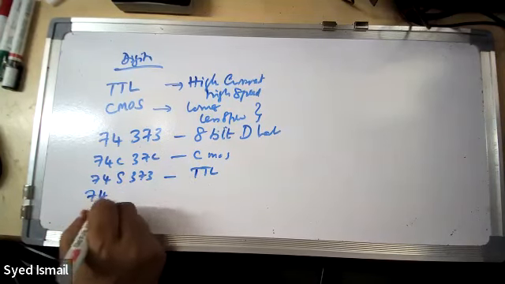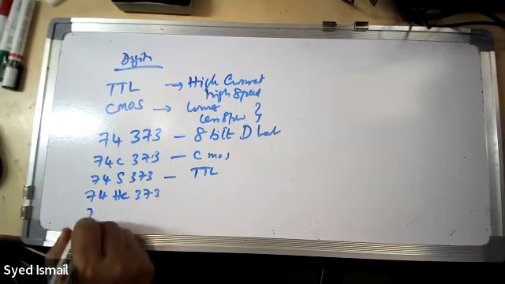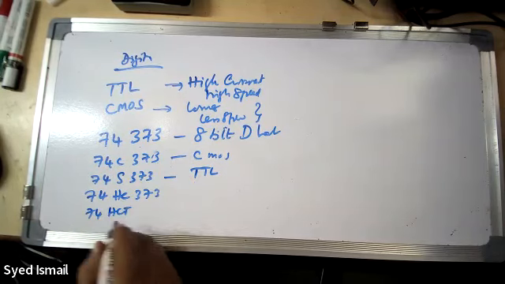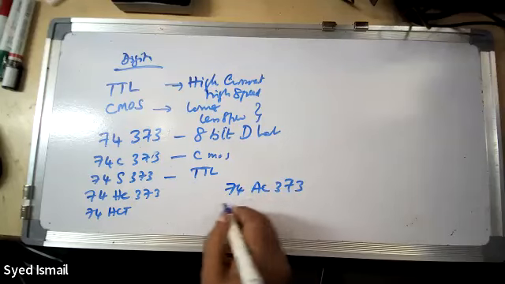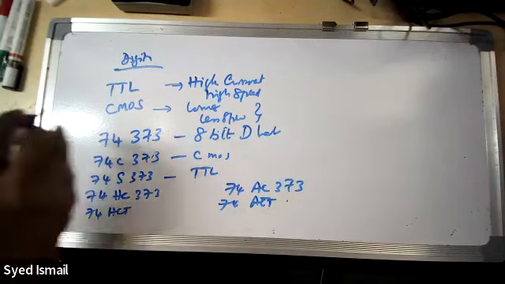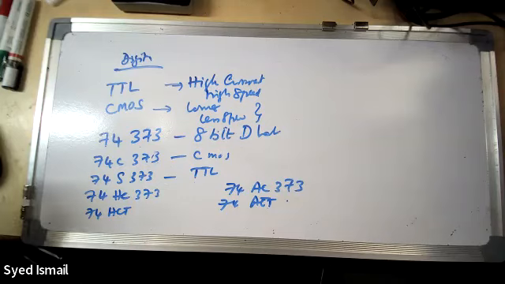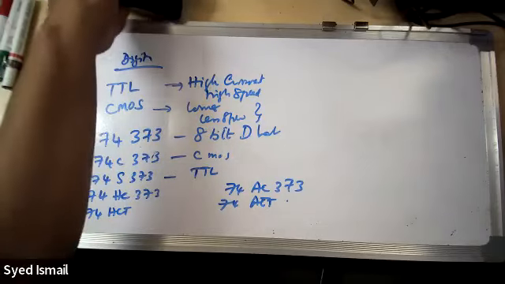Now 74HC373, and then they made 74HCT. Then they have 74AC373, 74ACT. So different types are available as discrete digital components. You will use them. But what I say right now, you check which one you need, the speed and the current. That you have to check. It's not very difficult. If you learn to read a data sheet, you will find out very easily which one you require.